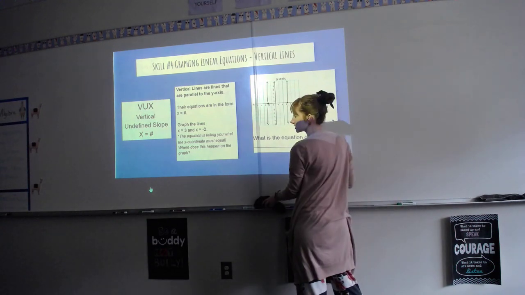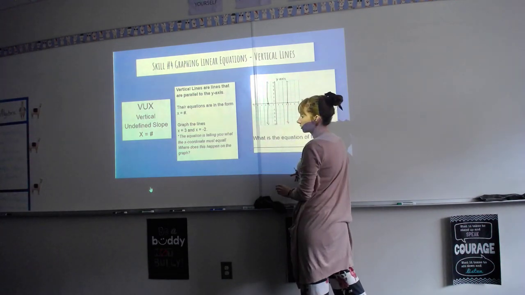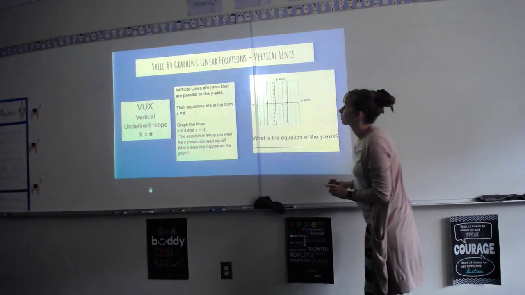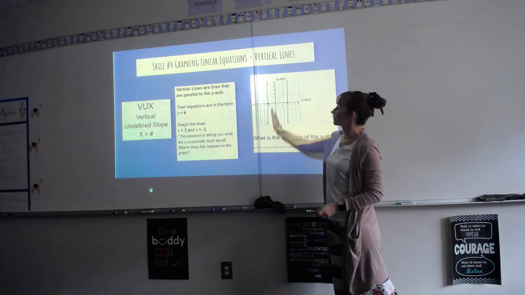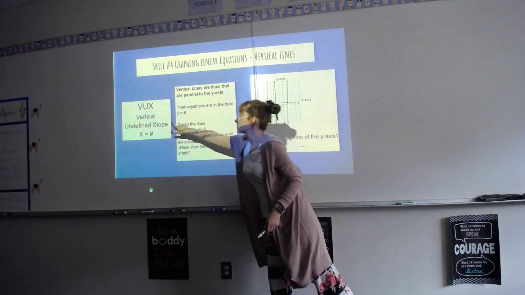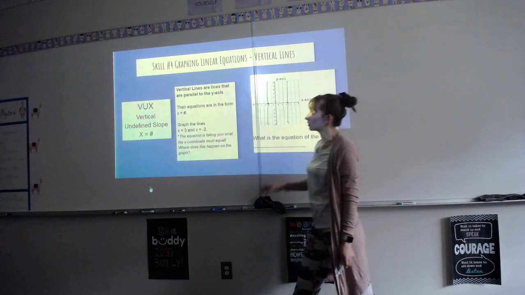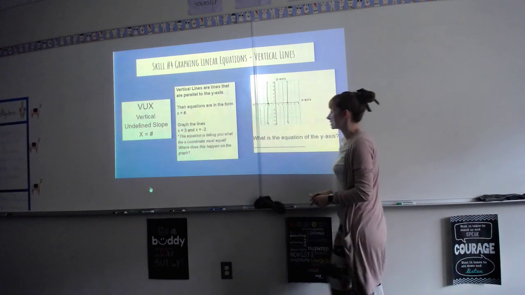So this equation is telling us what the x-coordinate must equal. I've got 2 vertical lines, and what do we know about the slope of vertical lines? They're undefined, and then x equals a number.